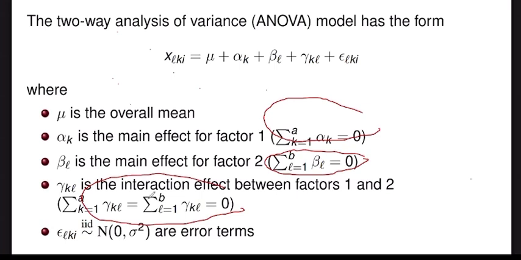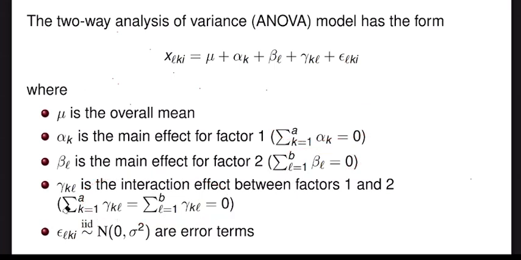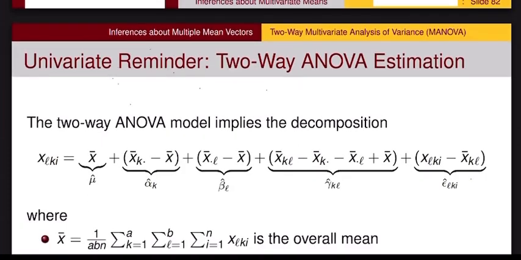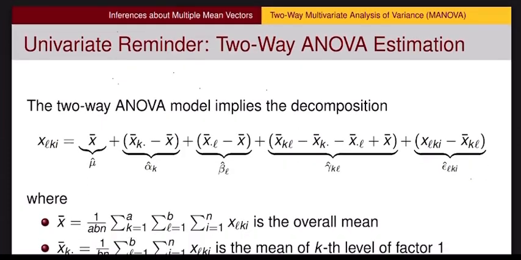Okay, now I'm showing you the two-way analysis of variance, but we also have a decomposition of the response variable. I remember I showed you the decomposition of the response variable in one-way ANOVA. We also have the decomposition in two-way ANOVA.